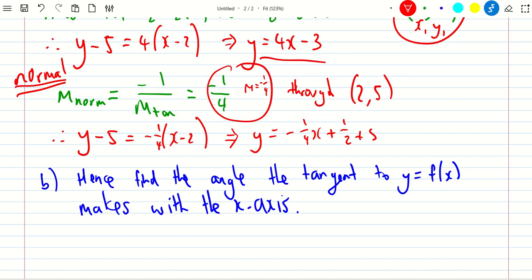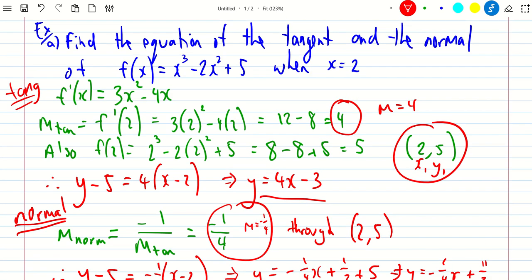And then plus 5, bringing that -5 over to the other side. And so my final equation is, therefore, y is equal to -1/4 x plus a half plus 5. 5 is 10 over 2. 10 over 2 plus 1 over 2 is plus 11 over 2. And so that's the equation of the normal.